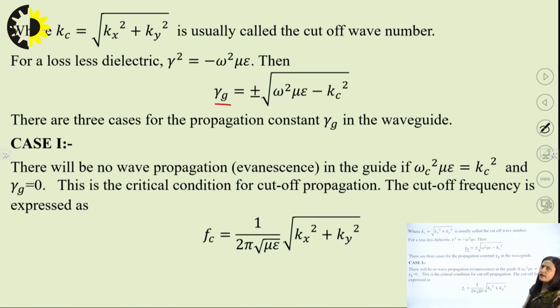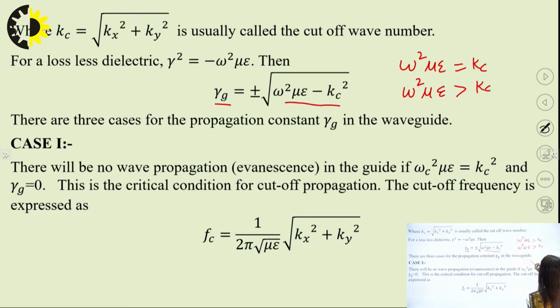So here three conditions will come. First is when both are equal. Second, when omega square mu epsilon is greater than the cutoff wave number. Third, when it is less than the cutoff wave number, right?